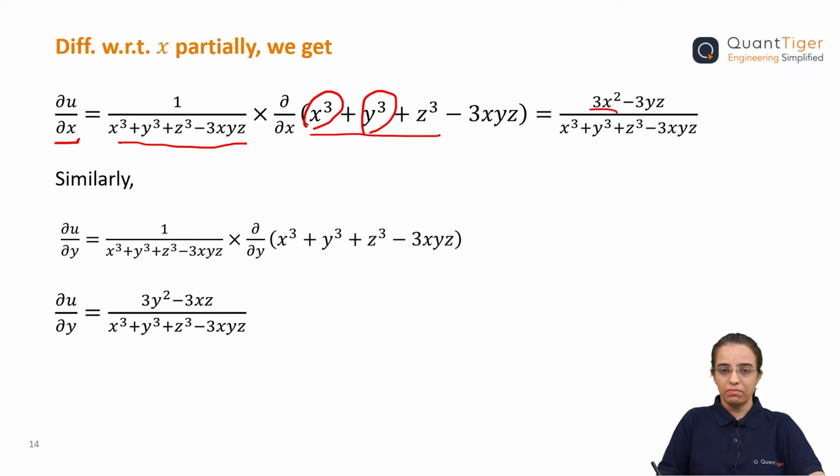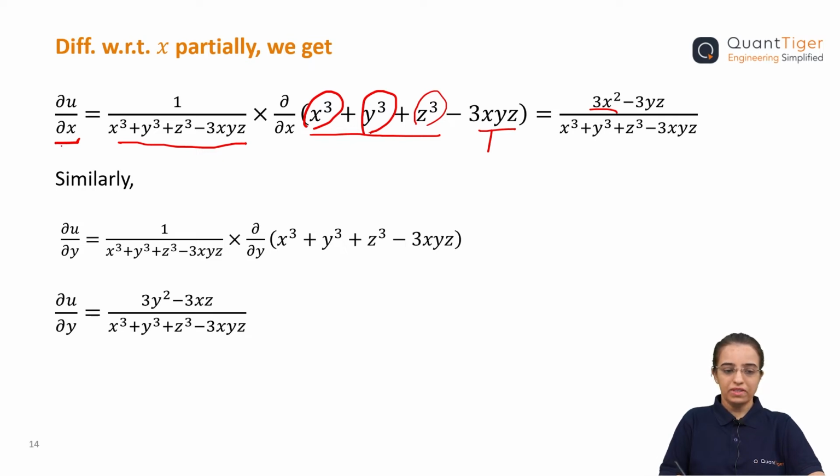Similarly z is a dependent variable, so here this will also become 0. Here it will become minus 3yz, x का derivative 1 हो जाएगा and minus 3yz I will get. So denominator here will be as it is.